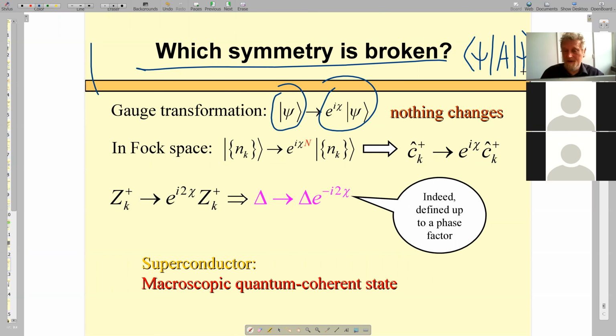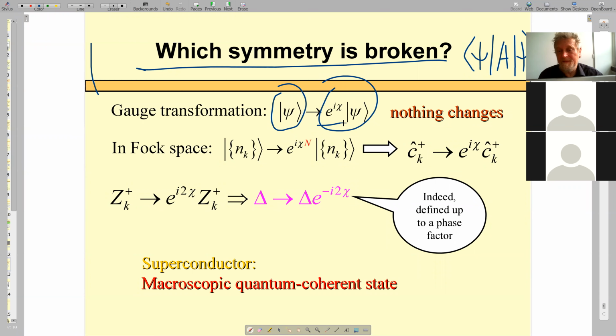Let us see how this works in Fock space. For each particle present, we've got this phase factor exponent i chi.